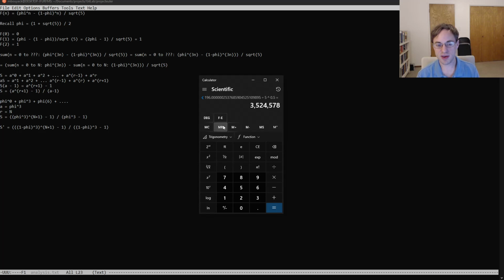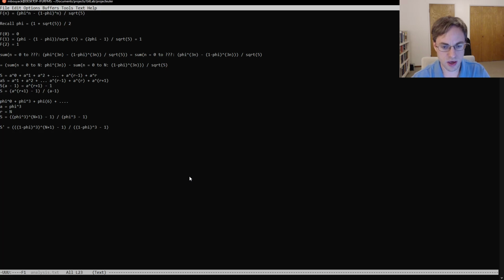Be careful. It's easy to make the mistake of using 33 instead of 11. So let's just note that down here. We've got our value of n equal to 11. Now we can do some calculation to find out what s and s prime work out to.